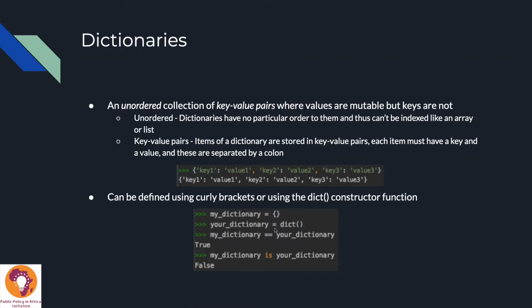But here, when I use the dict constructor, and remember these parentheses are required because dict is a function and it returns a dictionary, now it's very clear that this is a dictionary. Everybody can look at this and know this is a dictionary, not a set. The same thing goes for sets, where you can use the set constructor with the parentheses after. So this is definitely the better way to define a dictionary, but you can certainly get away with defining it this way. Just be careful, because it might confuse people.